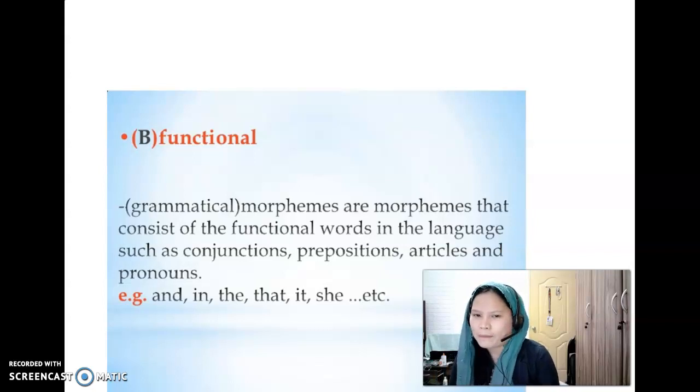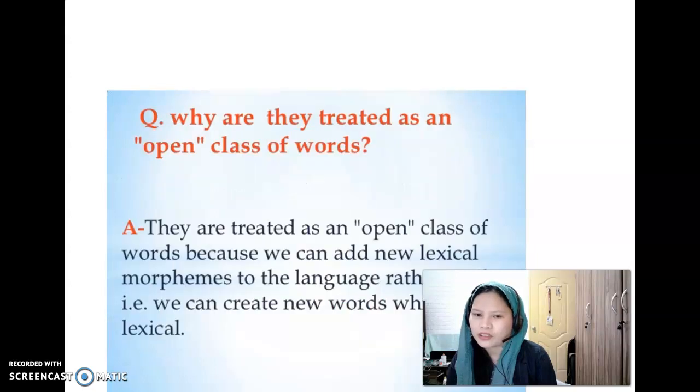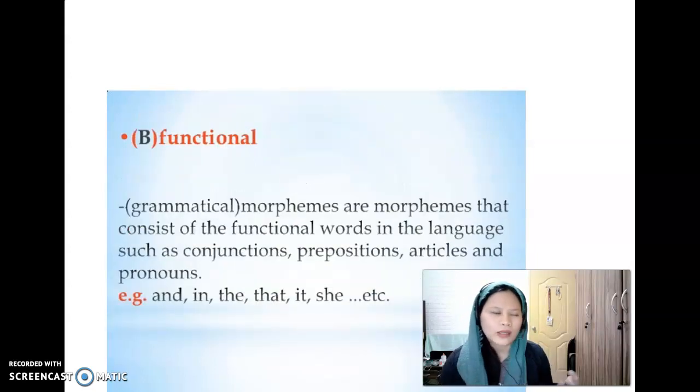So basically, when you say lexical morphemes, they are treated as open because you can add words freely, changing the meaning or changing it into a meaningful word.